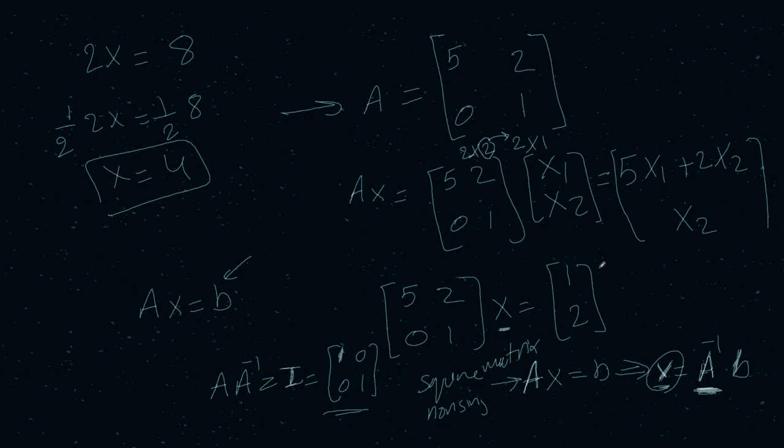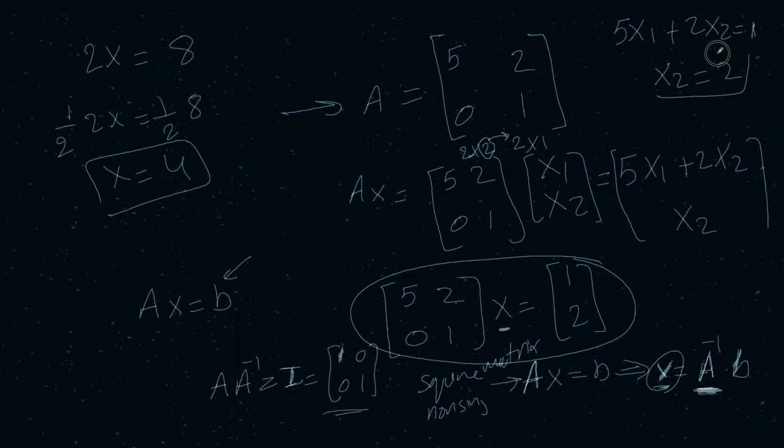If we go back to the same problem, now it is clear that we don't need to find the inverse of this matrix. If we make the multiplication and represent this as two equations, it will be 5x1 plus 2 times x2 equals 1. The second equation is 0 times x1 plus 1 times x2, so x2 equals 2.